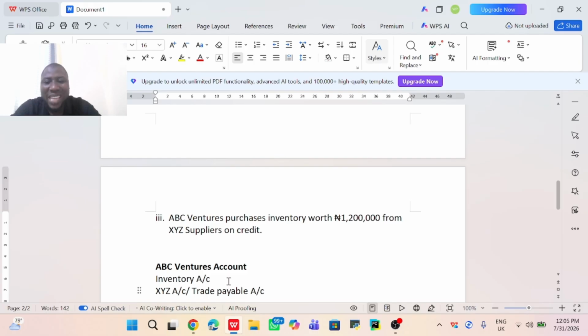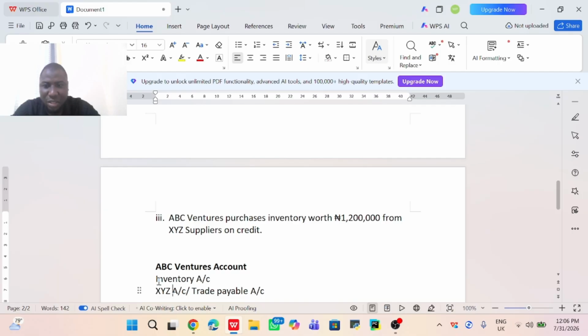Is XYZ receiving or giving out? Is ABC receiving or giving out? If ABC is receiving, that means ABC receives what? Receives inventory, which will be debited, right? XYZ gives out what? Gives out the inventory, and credit, which is the trade payables or XYZ account.